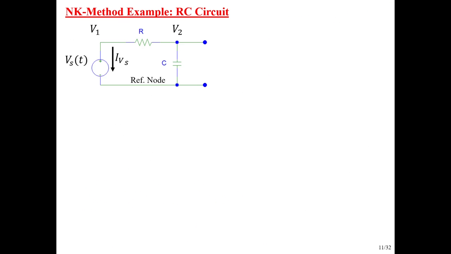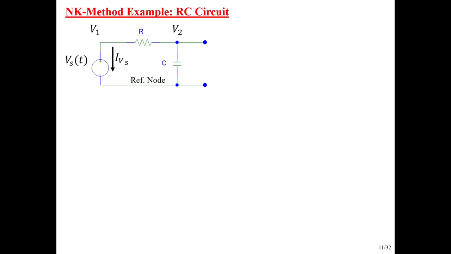So let me take you through an example to show you how this stuff works. Now, when we get to the DK method, I'm going to go into even more detail so that you can see how it works. And there will be some new parts of the table that we'll have to account for. But when we get there, I'm going to show you just how to write it directly without the table and just use KCL and knowledge of circuit analysis to write it. I like to do it that way.